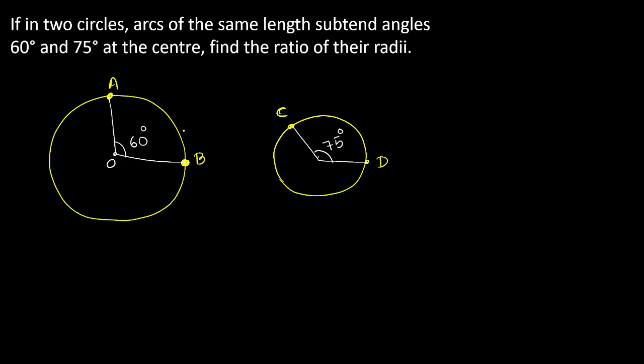This arc AB and arc CD both have the same length. Clearly mentioned in the question: both arcs have the same length but make different angles at the center. We have to find the ratio of the radii, R1 and R2.